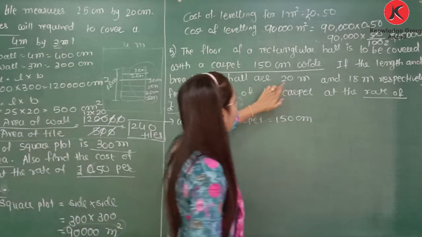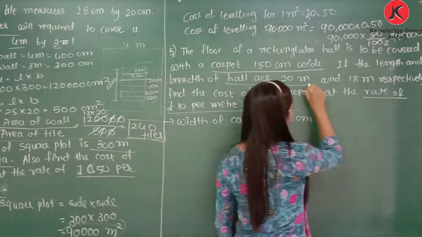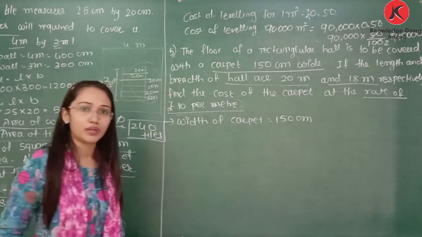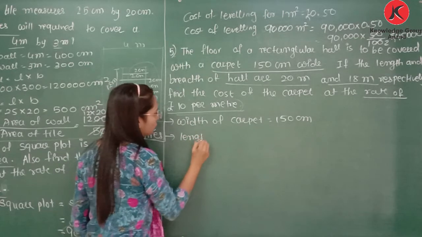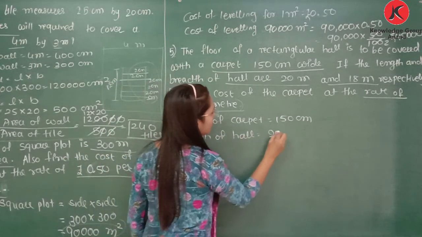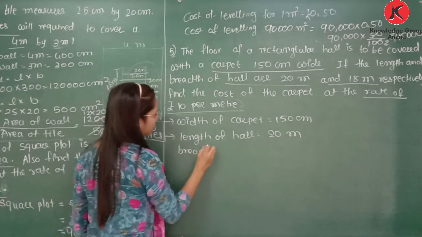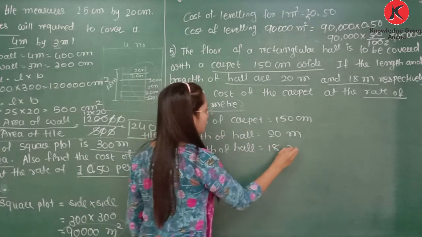Now carpet is placed on the floor and the hall's length and breadth are 20 meter and 18 meter. So length of hall is 20 meter. Breadth of hall is equal to 18 meter.